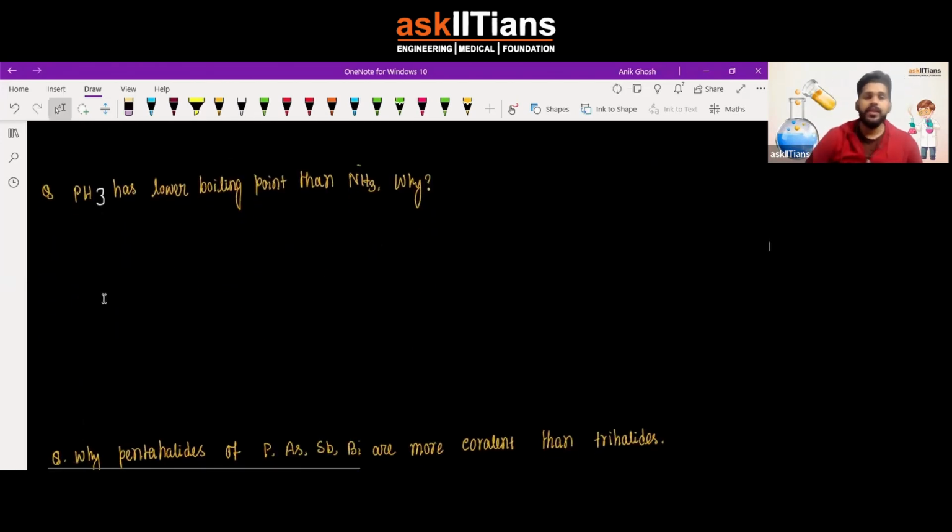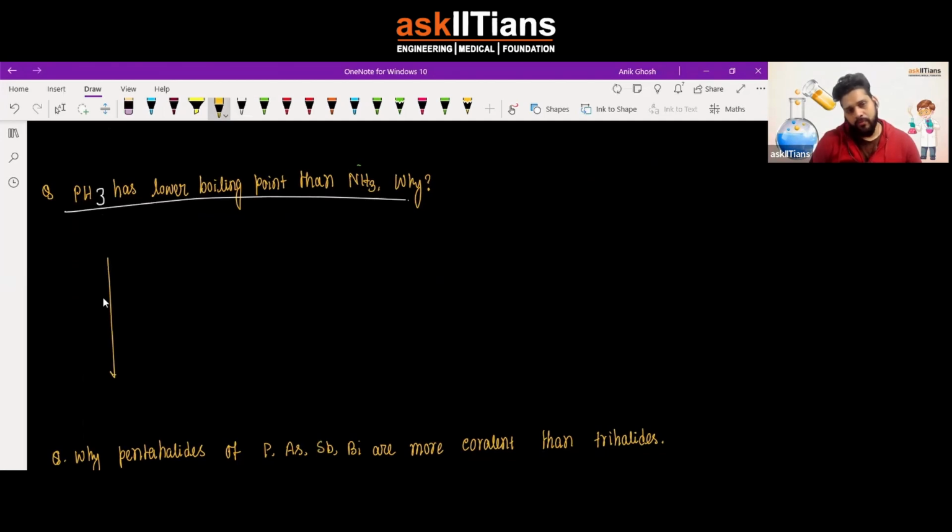Okay. PH3 has a lower boiling point than ammonia. Now it's a fairly good question. If you see, when you go down the group from nitrogen to phosphorus to arsenic to antimony, the size increases. That means the van der Waals forces are increasing. That means the boiling point should increase. This much is fine.